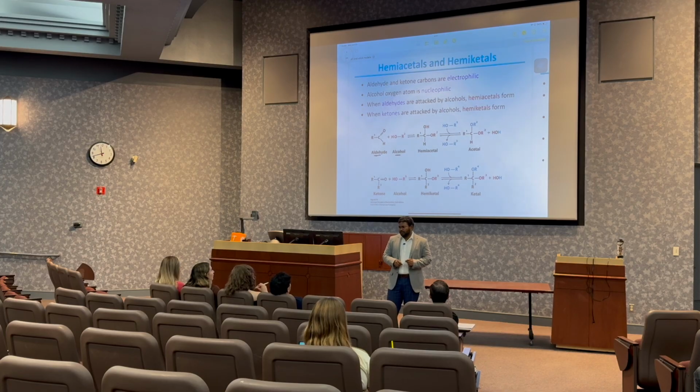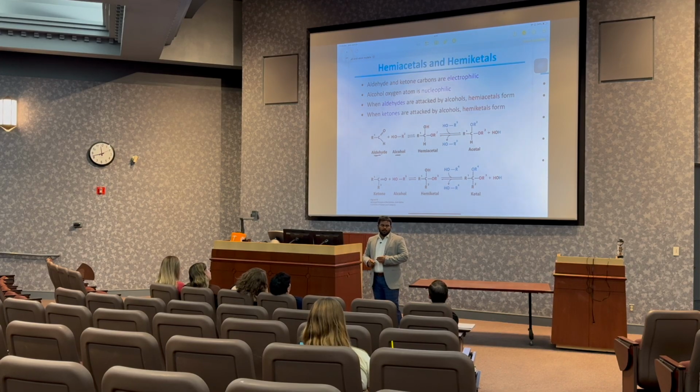Oxygen is more electronegative, and the most electronegative element of the periodic table is fluorine, followed by oxygen, followed by nitrogen, followed by carbon, followed by hydrogen or any other element.